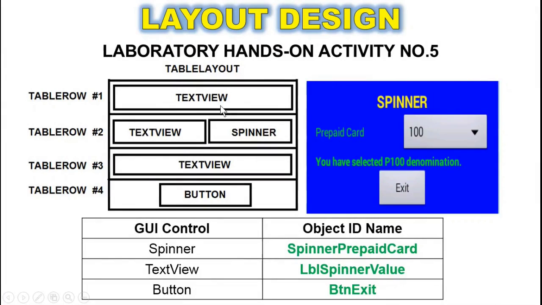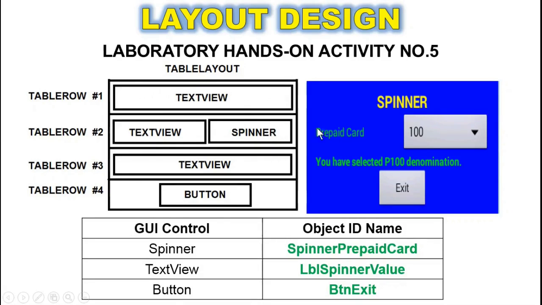This is the layout design of the laboratory hands-on activity number 5, entitled Spinner, on page 43 of your laboratory manual. The layout uses the table layout, and it has 4 rows.